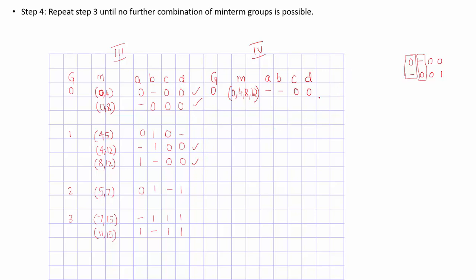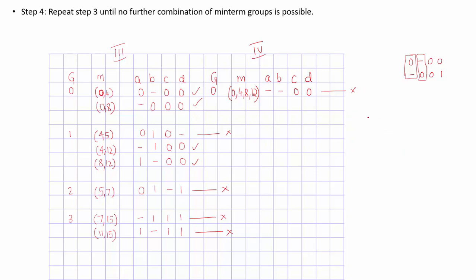So you do not have a check symbol next to this term, this term, this term, this term, and this term. So there are 5 prime implicants.